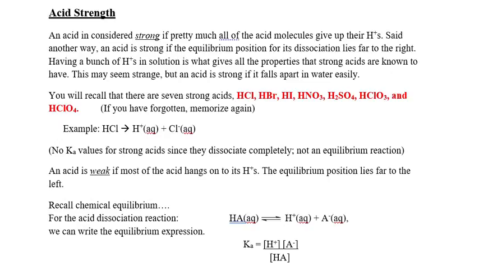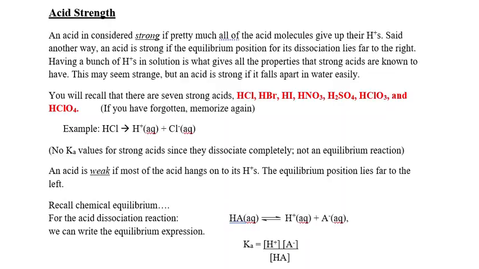Next thing we'll talk about is the strength of an acid or a base. So acids can be strong acids, or they can be weak acids, and it has everything to do with percent ionization in solution, how many hydroxide ions or how many hydronium ions are produced. An acid is considered strong if, for the most part, it completely ionizes in solution.